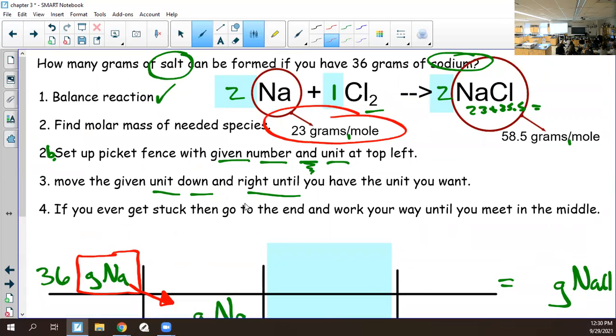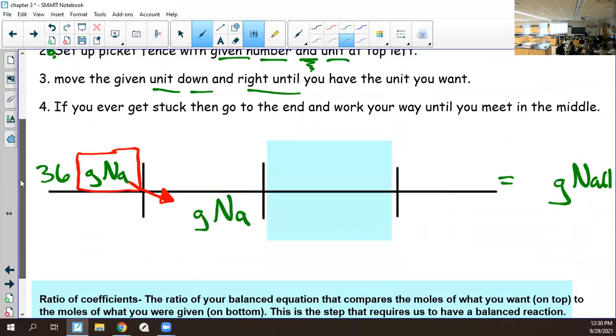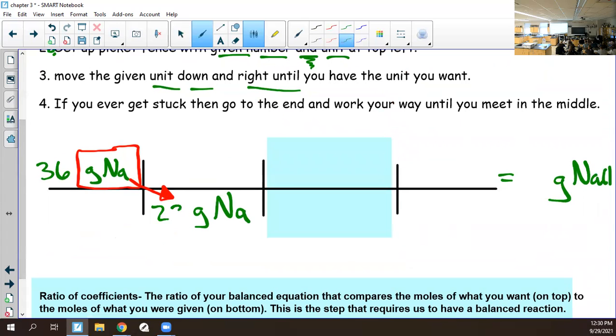Right here, right? There are 23 grams per every what? 1 mole. So I'm going to put 23 per every 1 mole. And I'm going to make sure I still have Na. So for every 23 grams of Na, I have 1 mole of Na. We okay so far?